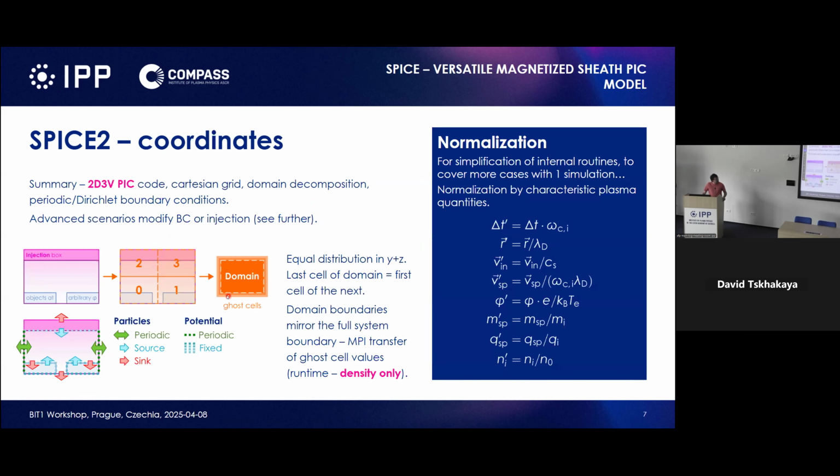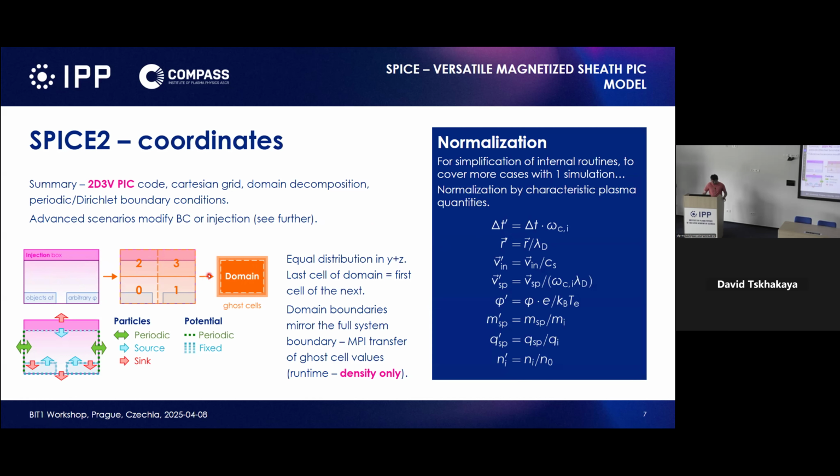So basically, to add some extra information, what we have in the code are particles on a mesh, which is defined basically by Debye-length wide cells. This simulation box is decomposed by domains for each processor.